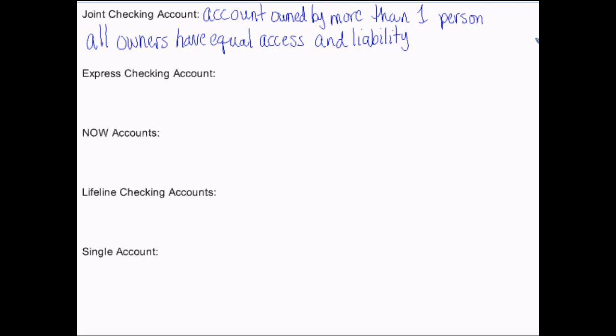So even if they did something, you're still liable to the bank. You might be able to take them to court, but you don't actually have a lot of legal grounds there, so it would be up to the individual. So the liability and the access and the ownership are all equal as far as the law is concerned.